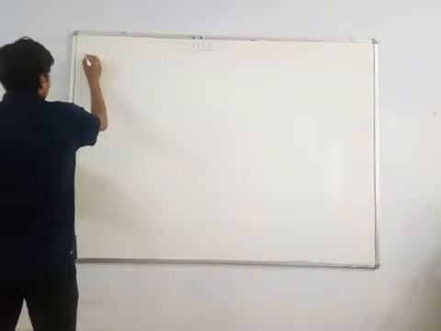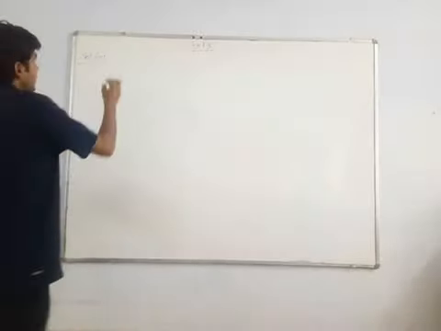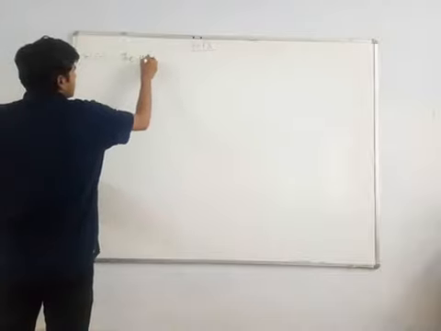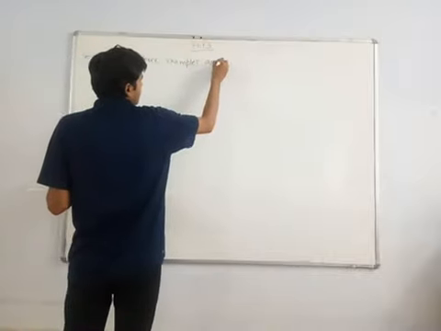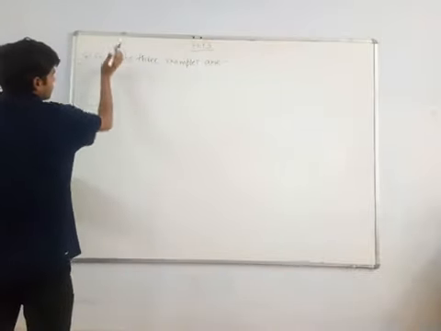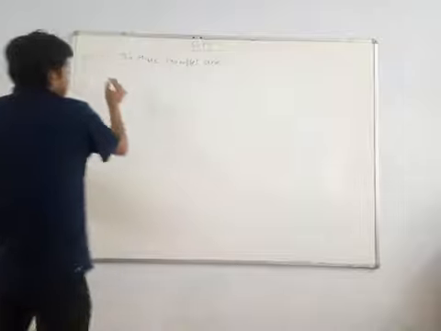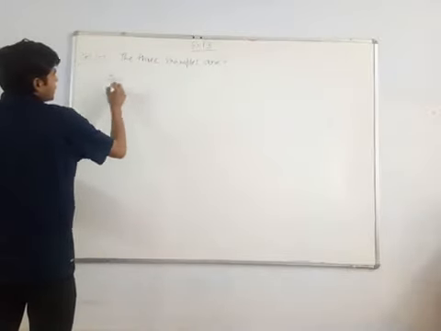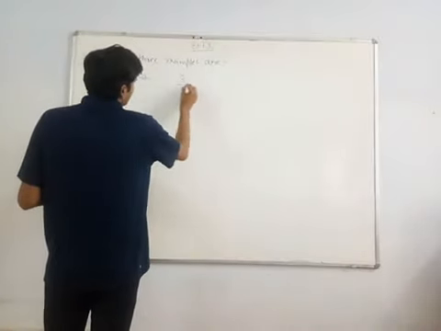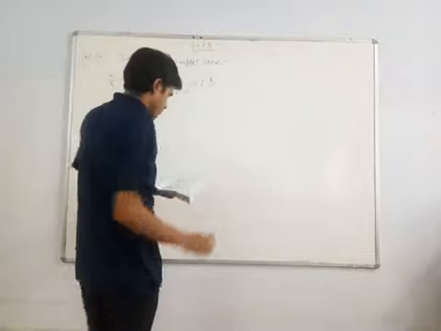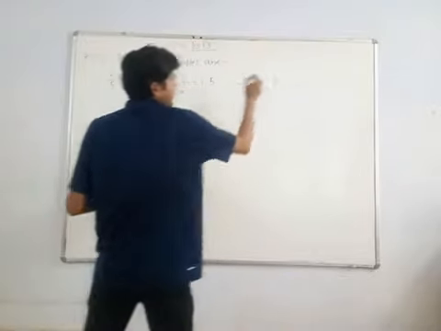So the example, solution of question number 6. The three examples are 2 upon 5, that is 0.4, 3 upon 2, that is 1.5, and 7 upon 10, that is 0.7.